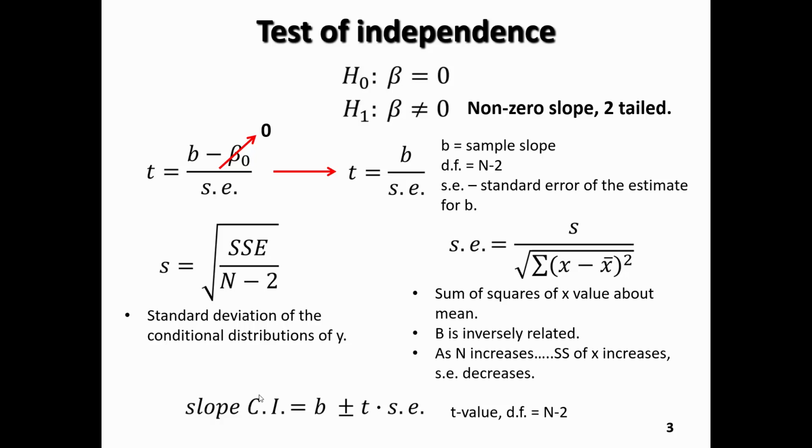The slope is often generated by a computer printout, and that slope is used in a regression model or a regression equation, but it's very helpful to calculate the estimated confidence interval by taking the slope computed from the data and adding and subtracting a critical value of t, which will be dependent on the sample size, times the standard error.